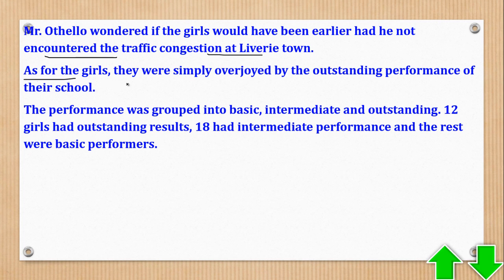As for the girls, they were simply overjoyed by the outstanding performance of their class. The performance was grouped into basic, intermediate, and outstanding. 12 girls had outstanding results, 18 had intermediate performance, and the rest were basic performers.